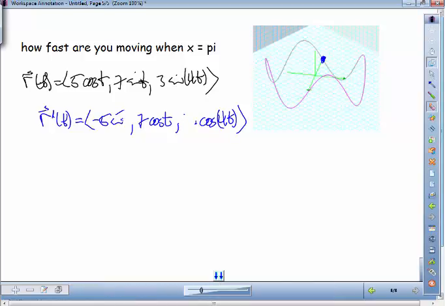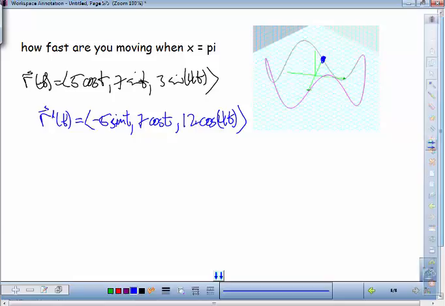Boy. And you could find the magnitude now, or since you have a specific value of pi to put in, you might actually be better to put pi in first and then take the magnitude, because if you put pi in, then you're just dealing with numbers.